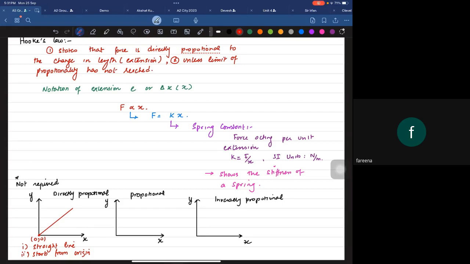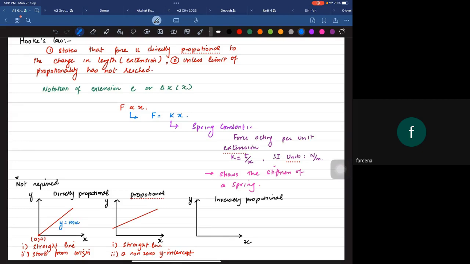Then just proportional means that it's going to start from some y-intercept. So it will just be a straight line, and it will have a non-zero y-intercept. Sorry for the small writing. So generally, the equation for directly proportional is y equals mx.